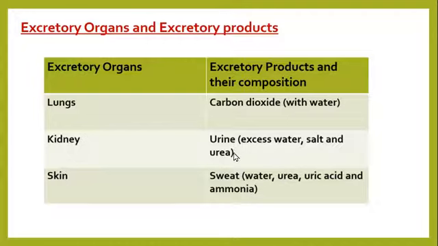Now, the composition of urine differs from person to person depending on their condition. For example, in a diabetic patient, his urine is said to be composed of so much sugar. In other words, the concentration of sugar is more than that of salt.